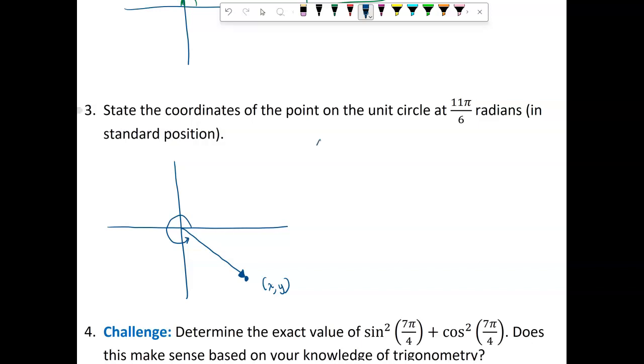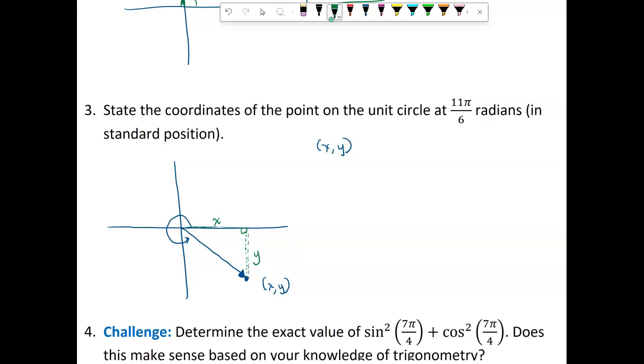When we think about the x and y coordinate of any point that's been rotated along the unit circle, we can always draw an acute triangle with the x-axis. That helps us because we're trying to find the x value that goes along and then the y value that goes down.